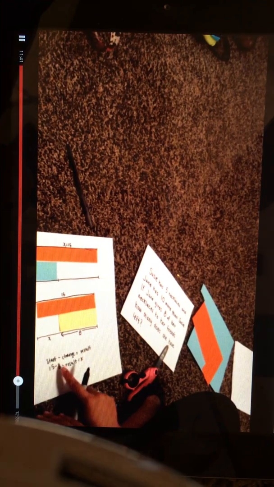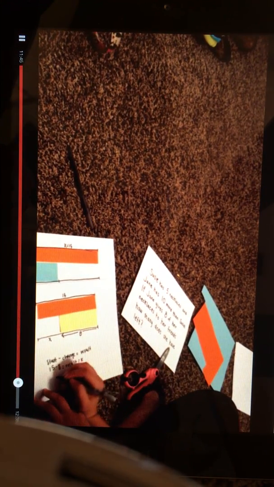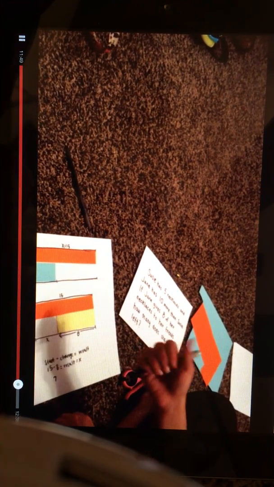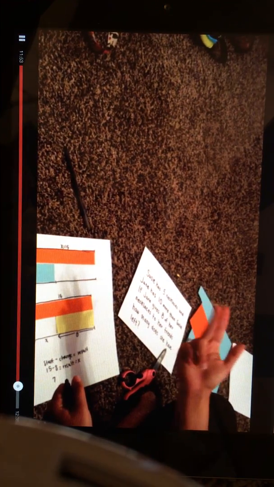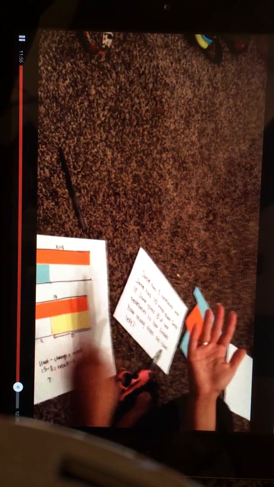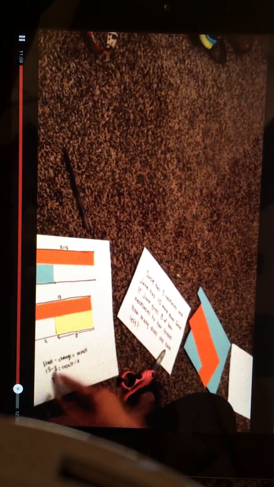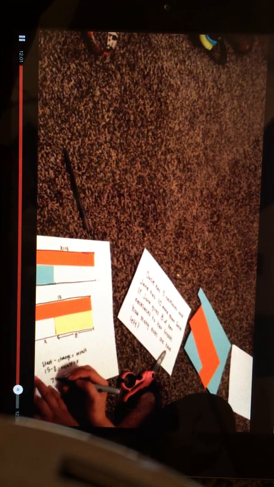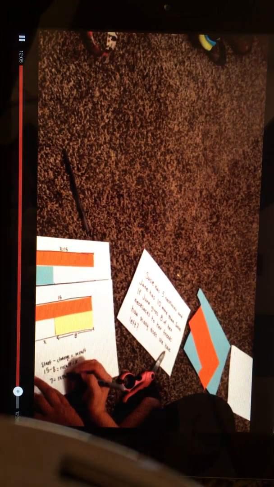So if we do 15 minus 8, and we use backwards counting, we know that we get 7. Because if we go 15, 14, 13, 12, 11, 10, 9, 8, 7. So we know that she ends up having 7 necklaces left.